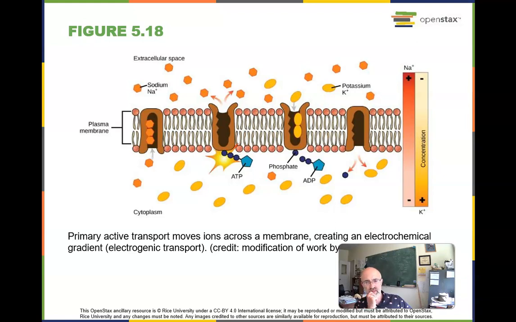Well, that's the video I just showed you about moving sodium and potassium. Basically what we're doing is maintaining an electrochemical gradient across the membrane so that these ions can flow through the membrane and cause an impulse.